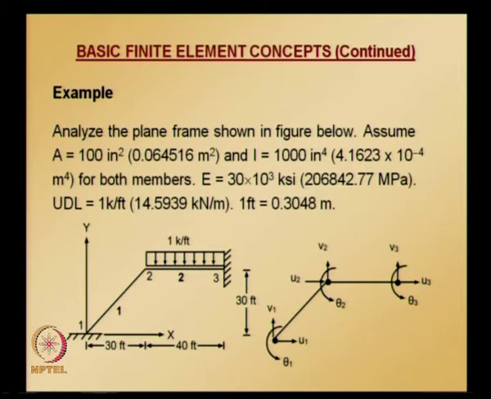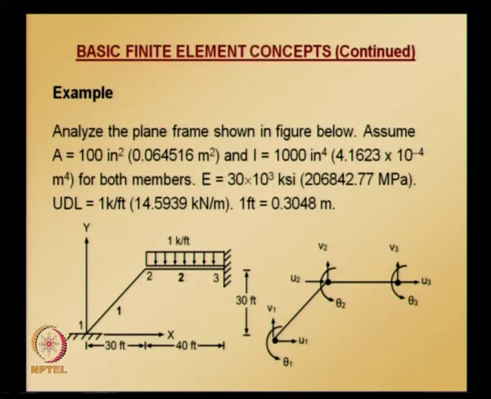There are two members here, for both the members cross sectional area and moment of inertia of cross section are the same, and the values are given both in FPS units and SI units, and material properties and distributed load, the value, magnitude, and also the direction is given. The distributed load is acting in the downward direction, and since the values given in FPS units are round numbers, let us proceed and solve this problem in FPS units.